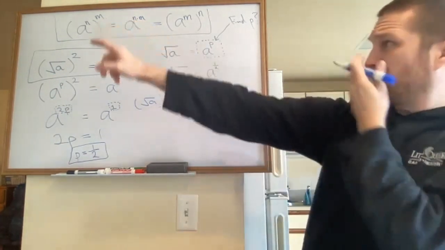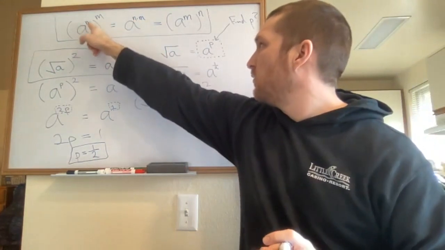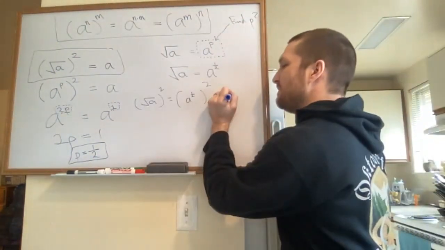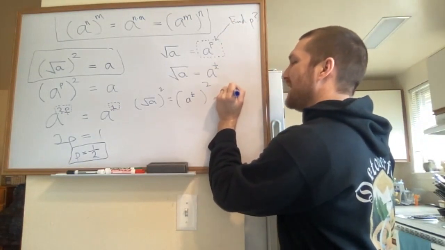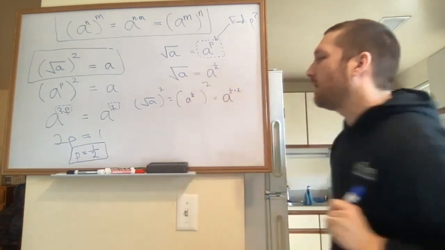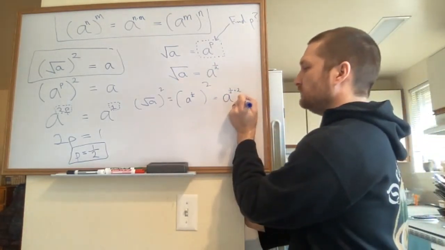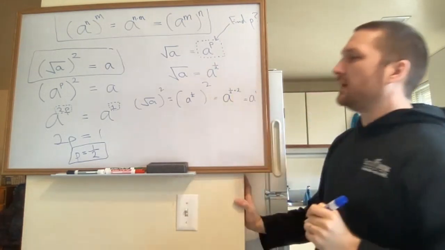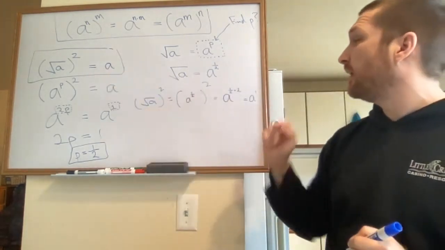But our rules say that if you have a number raised to a power and you raise that to a power, it's the same thing as taking the first power times the second power. What is 1/2 times 2? 1. Hey, look at that. It's consistent. That's what we should have had.